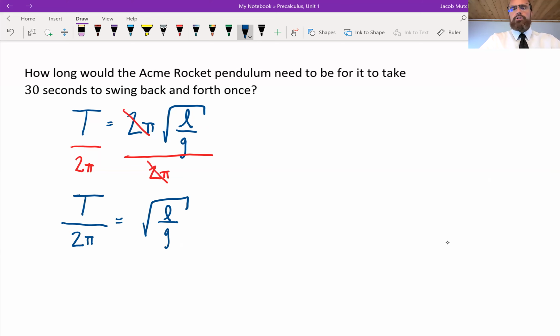Now the question is, how do I cancel that square root? Remember, the inverse operation to square root is the squaring. So if I square that right-hand side, the square and the square root are going to cancel each other out. They're inverses. And then just to keep the balance on the equation, I'll put parentheses and square that fraction t over 2 pi.